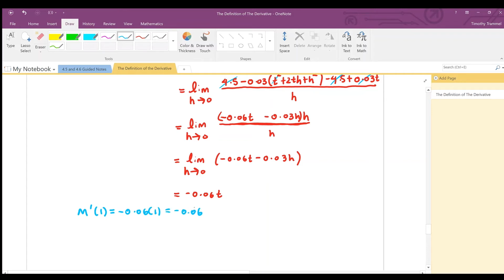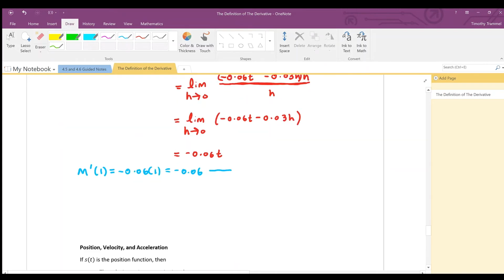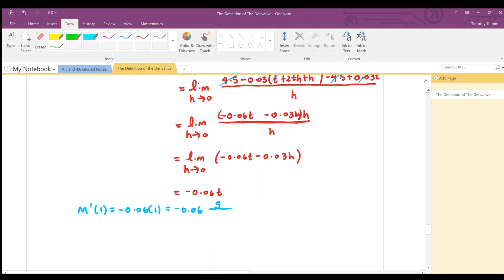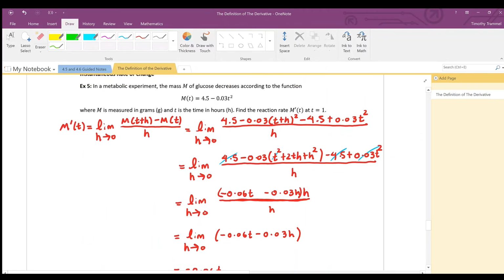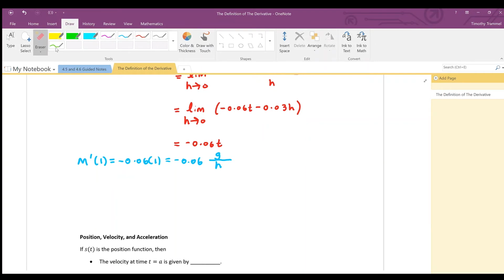And I want us to think about what this number is actually telling us. So if you remember the units for the derivative, they're the units of y over units of x, or in this case, the units of m over the units of t. Let's go figure out what those were. So m was measured in grams, and if we look up here at t, that is in hours. Next, let's try and interpret our derivative here.